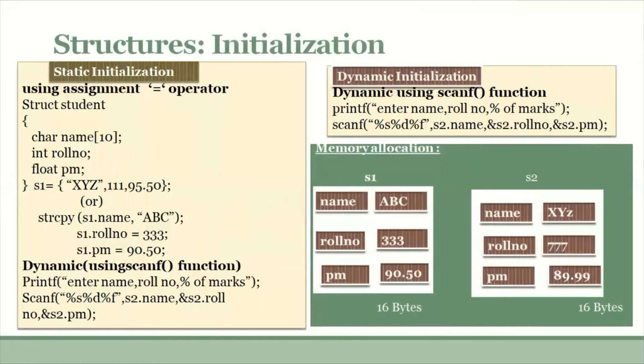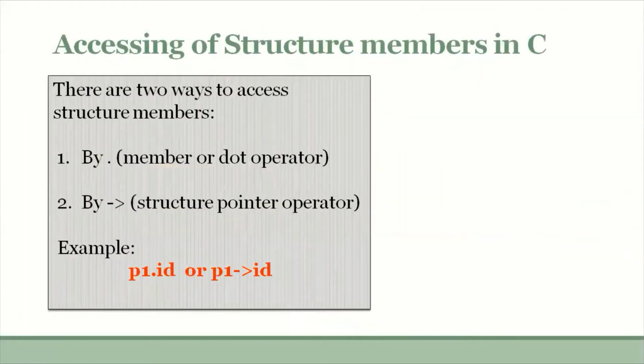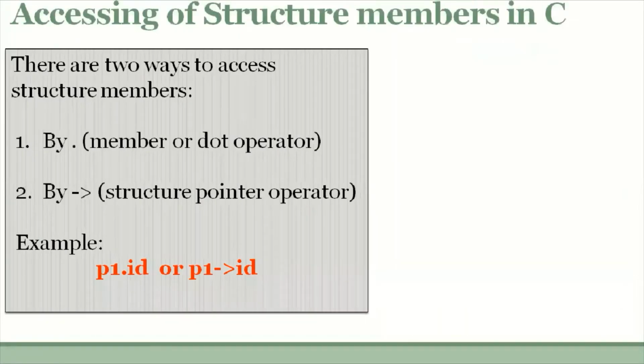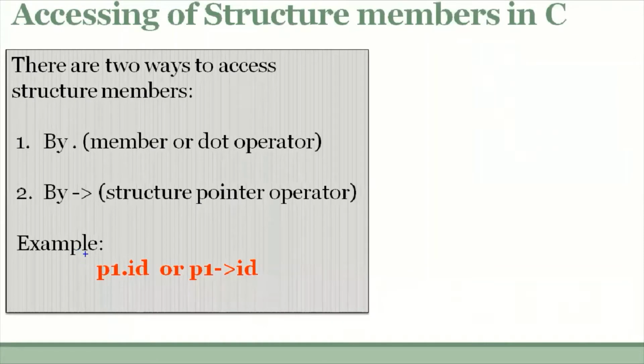Coming to accessing of structure members. If I want to access structure members, two important operators, the dot operator and the arrow operator, need to be used. The dot operator is used to link a structure variable with a member variable, and the arrow operator is used to link a structure variable with a member variable. When to use dot and when to use arrow, we will discuss with the help of an example program.